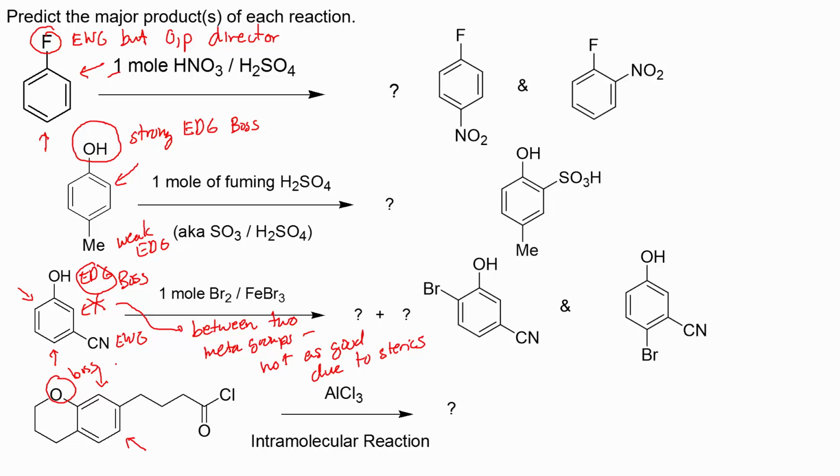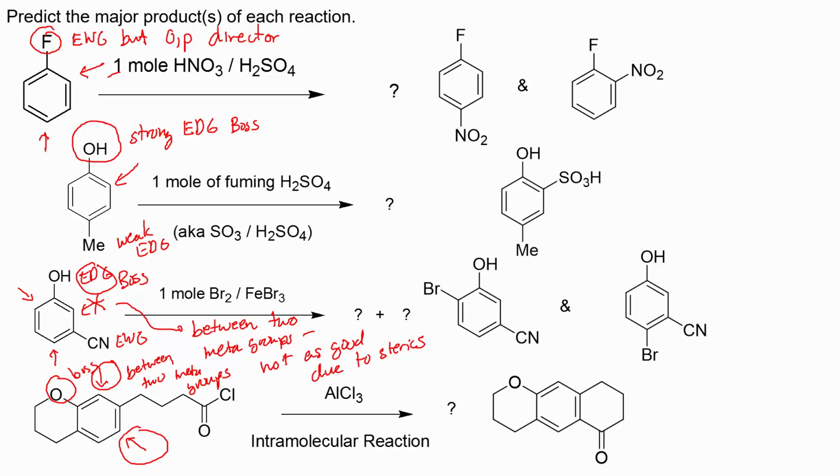We're not going to want to add here, though. This is between two meta groups. Okay, so we don't want to add there. This is the only place we're going to see the addition right here.